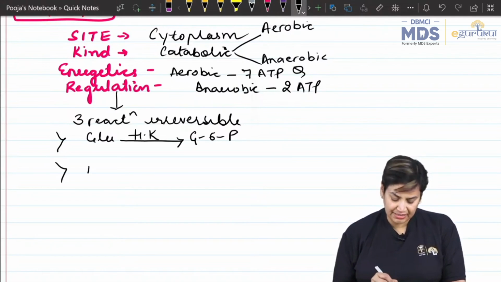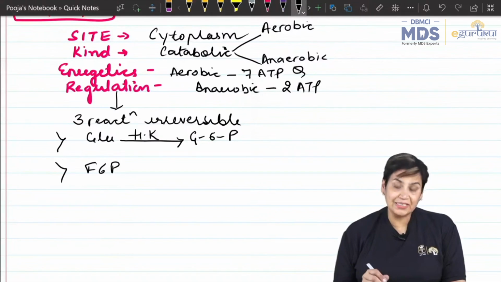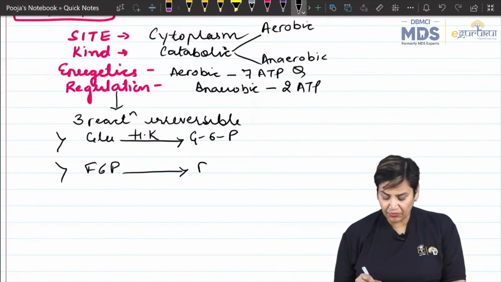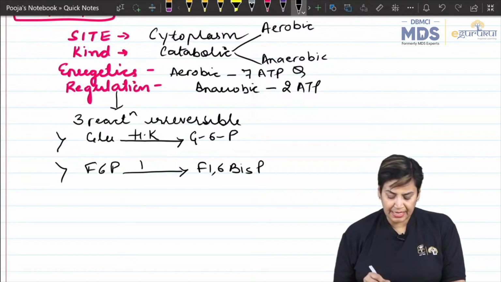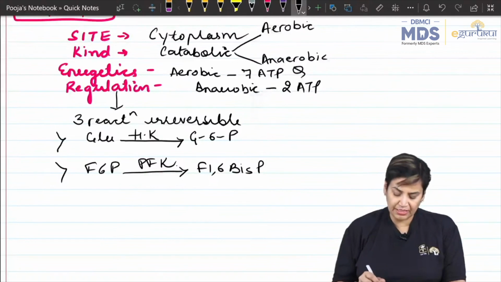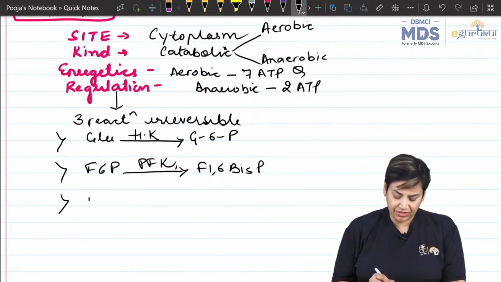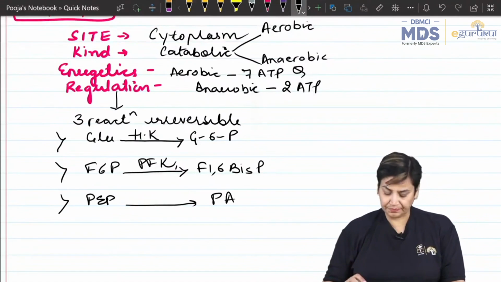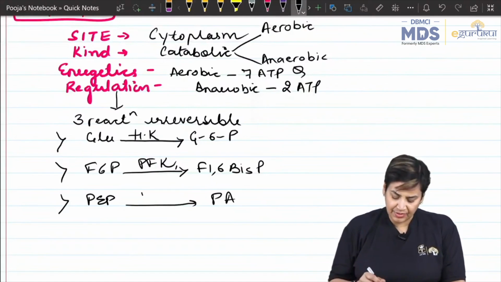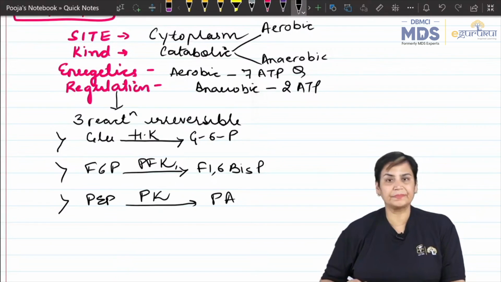The second reaction is conversion of fructose 6-phosphate to fructose 1,6-bisphosphate. The enzyme is PFK, also written as PFK1. The third step is conversion of phosphoenol pyruvic acid to pyruvic acid. Here the enzyme is pyruvate kinase.